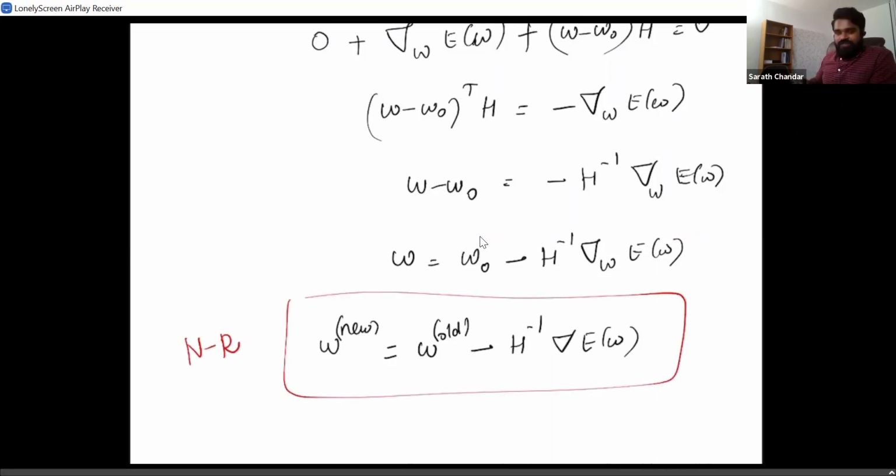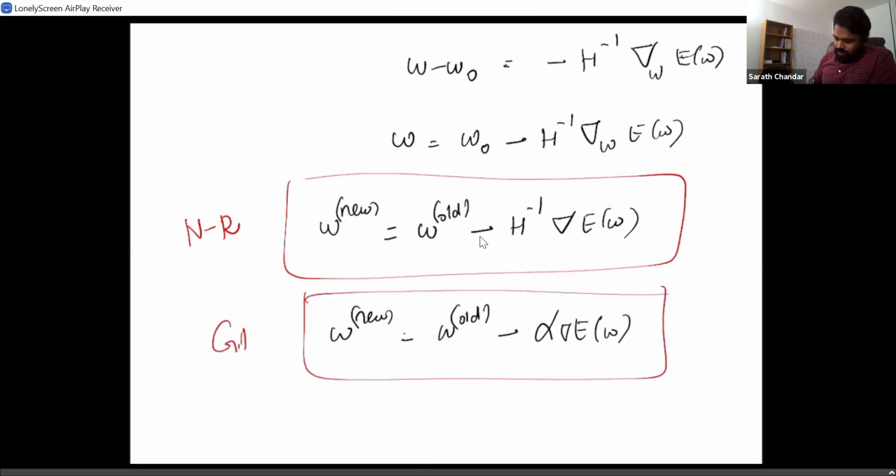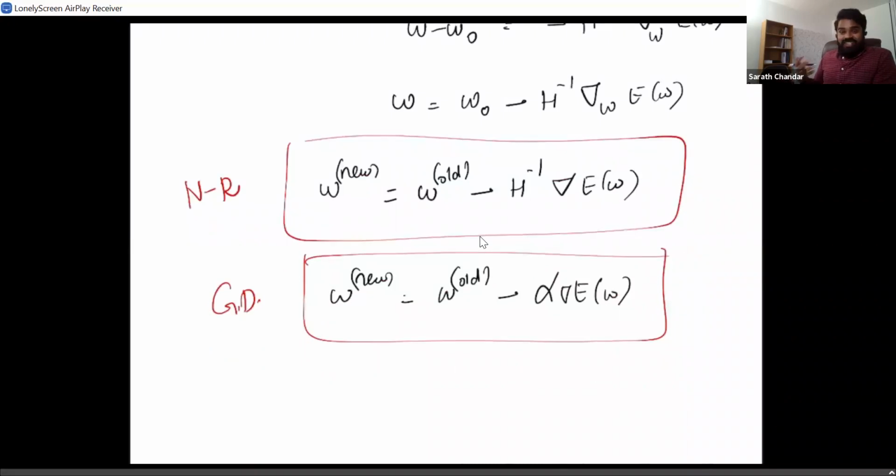Now let's compare this with the gradient descent update equation, which is W new is equal to W old minus alpha times the gradient. The first observation is that there is no learning rate or step size in Newton-Raphson, which is a nice thing because in gradient descent, the learning rate alpha is always problematic.